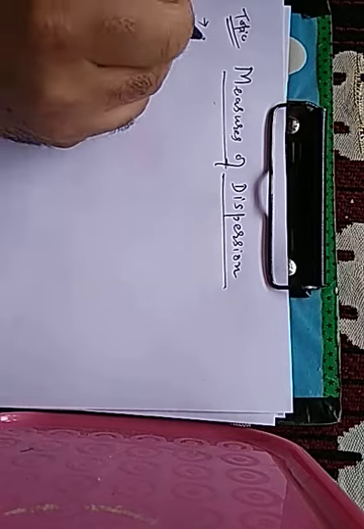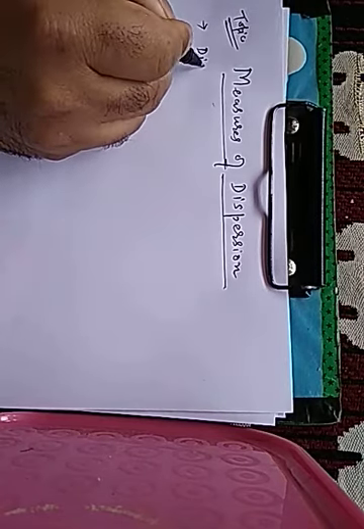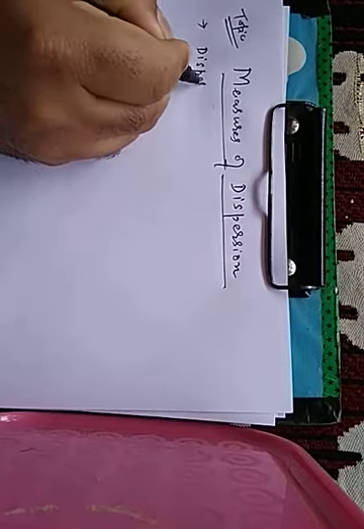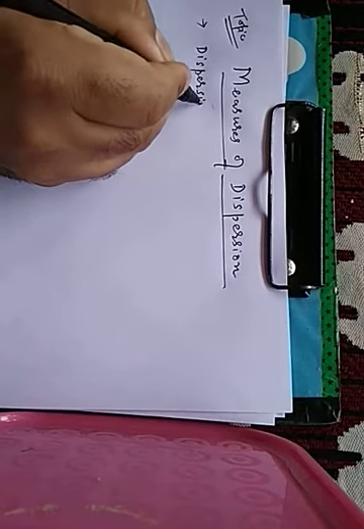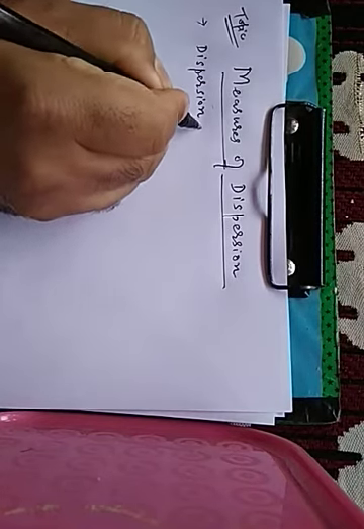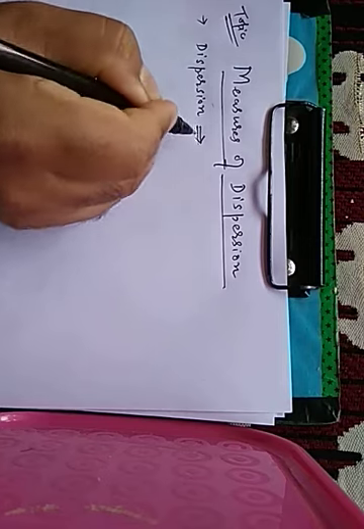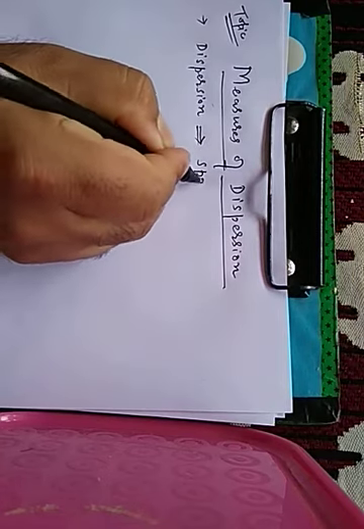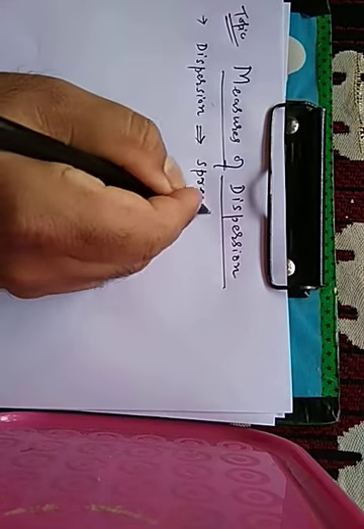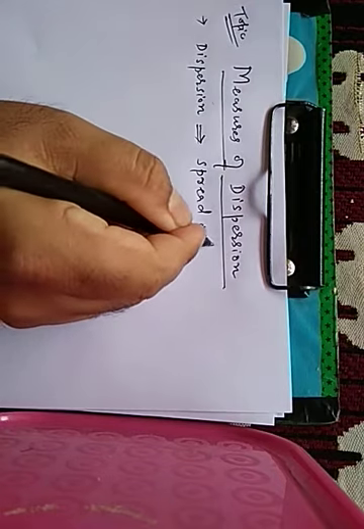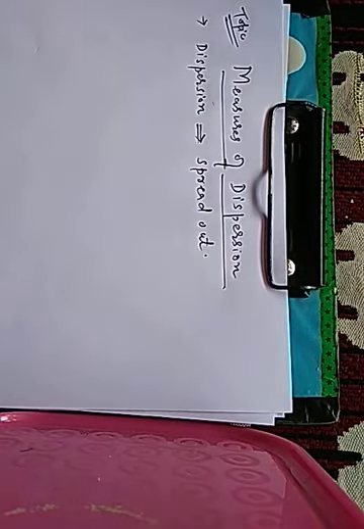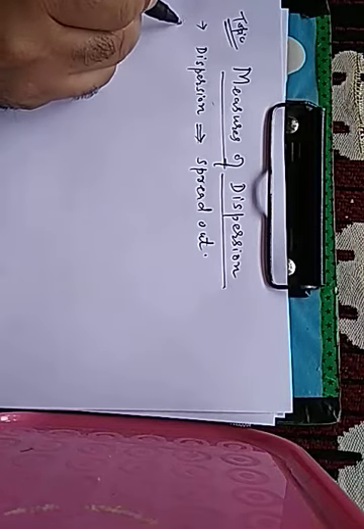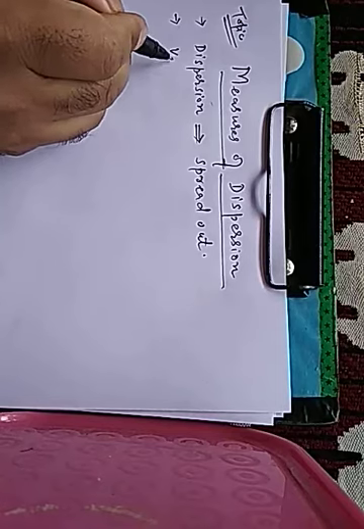What is meant by dispersion? The meaning of dispersion is spread out. In dispersion, we come to know the variability of data.